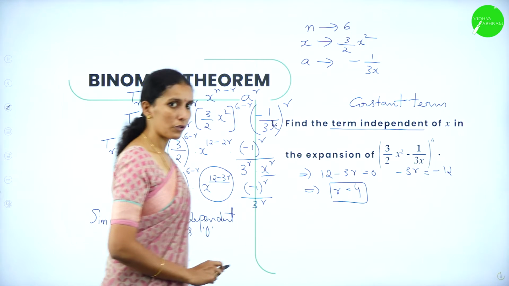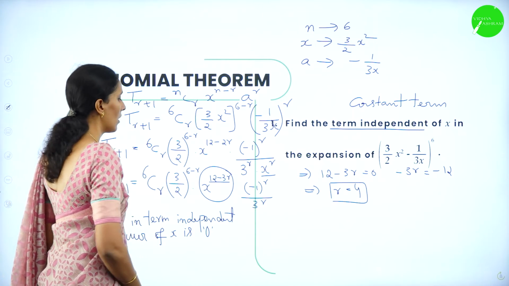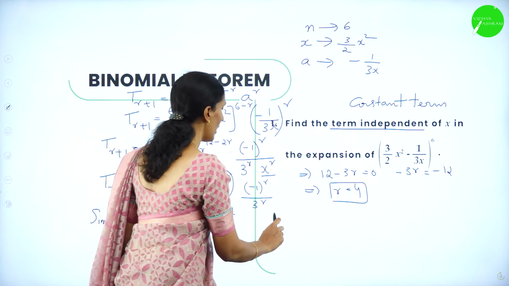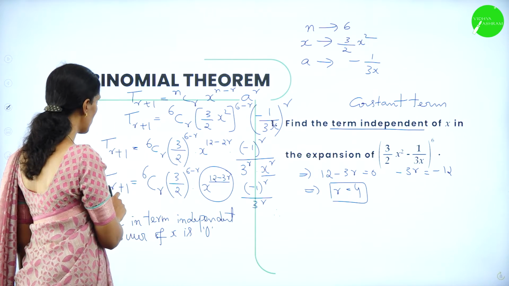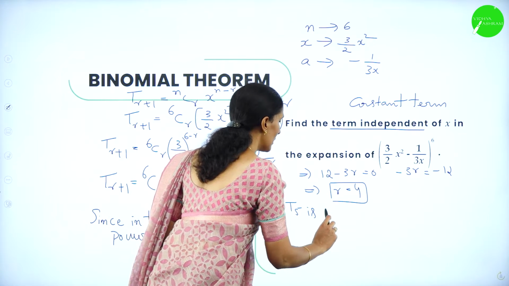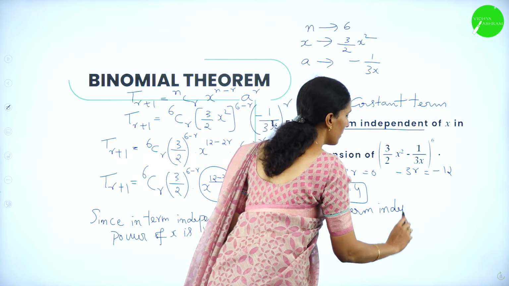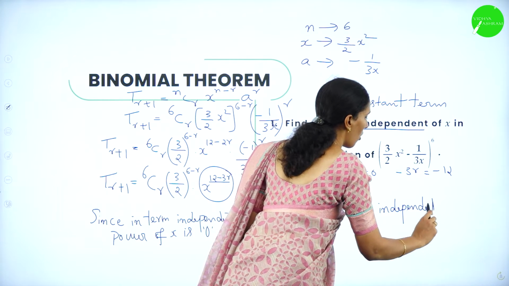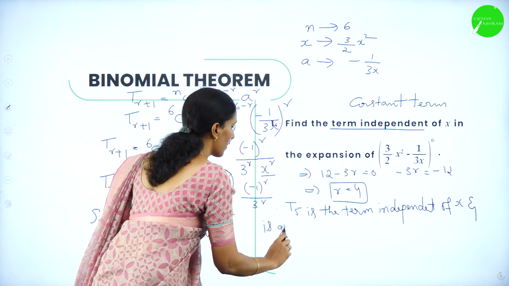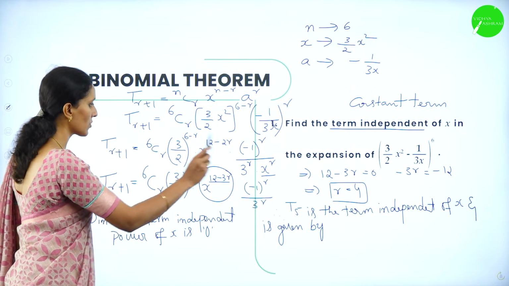So, if r = 4, just put r = 4 in this equation and leave the variables, find the term independent. So, therefore, when r is 4, 4 + 1 is T5. So, T5 is the term independent of x and is given by, wherever you have r, just replace with 4.